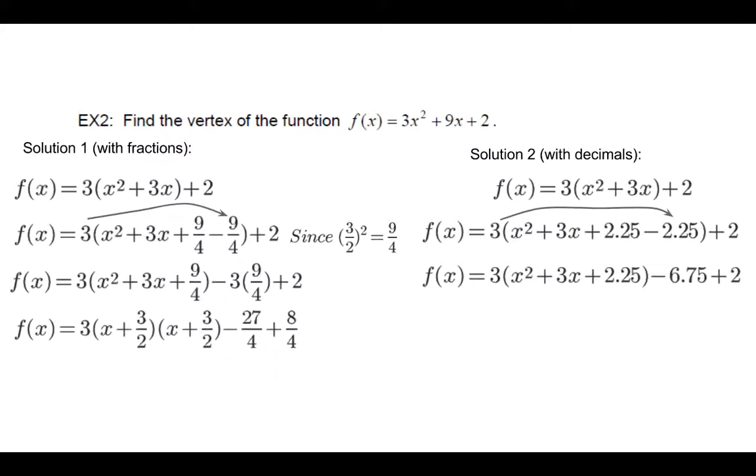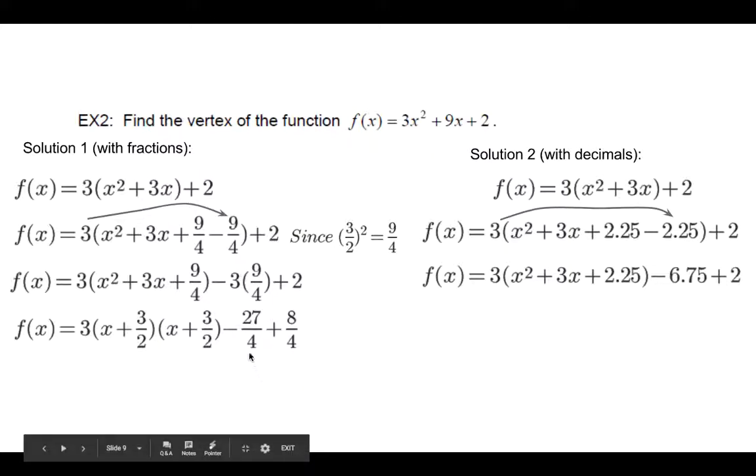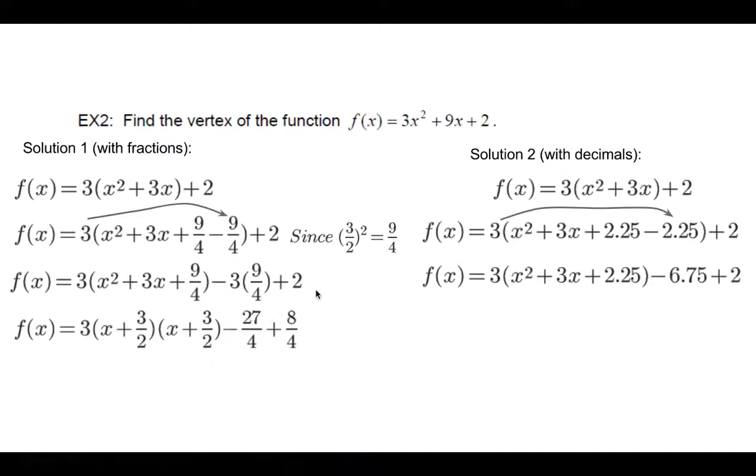The thing that multiplies to 9 over 4 is 3 over 2 times 3 over 2. And that's the same as half of 3. 3 times 9 over 4 is 27 over 4. 2 is 8 over 4. So I just found the common denominator right away because I knew that I'd need this thing over 4. Over here you get 1.5 and 1.5, and then you can just put these together.